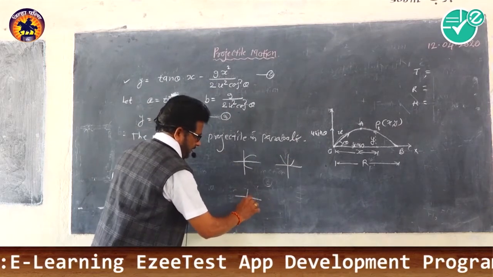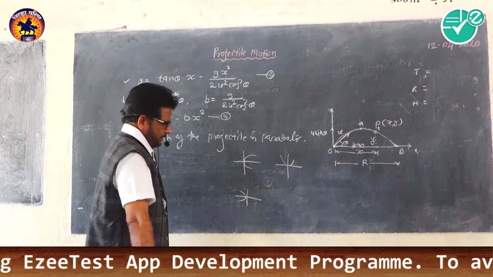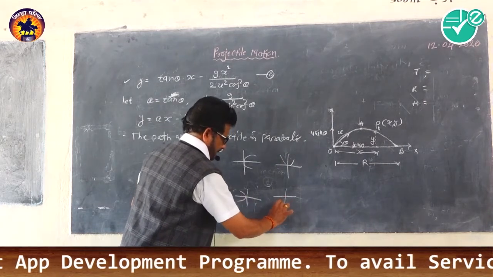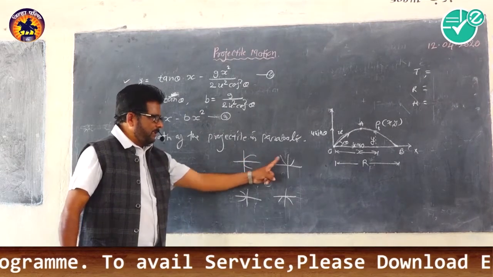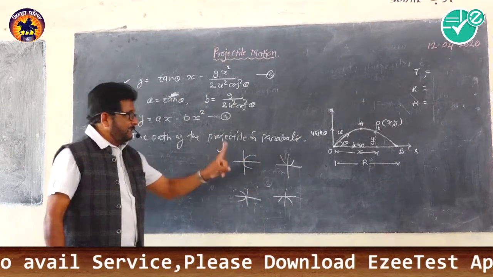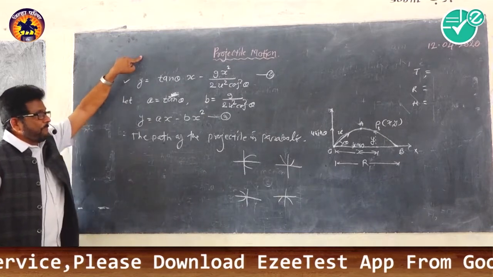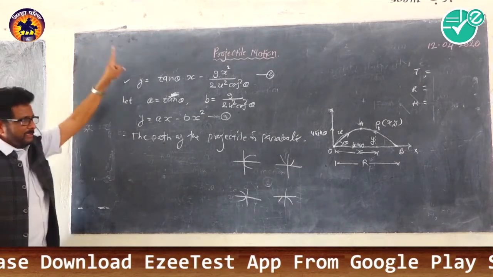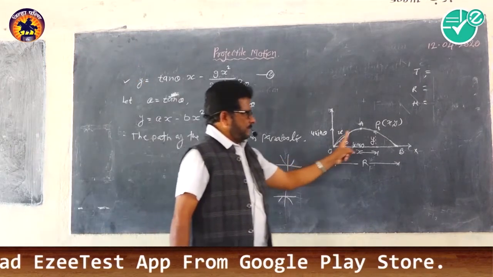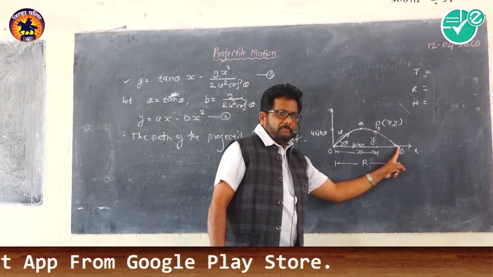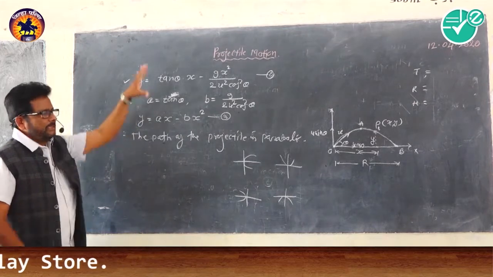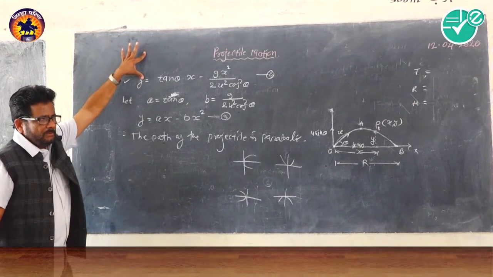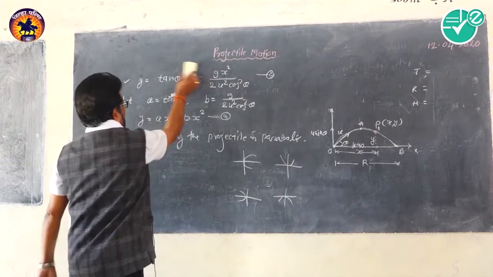This type of path is called a parabolic path, and hence we say that when the particle moves in a parabolic path, its path is a parabola. So this is about the equation of the trajectory, or equation of the path of the projectile.